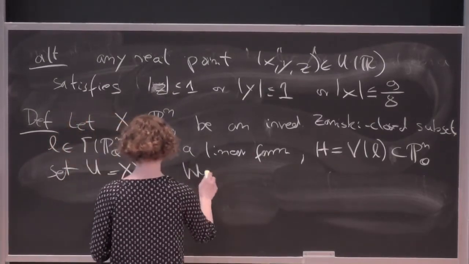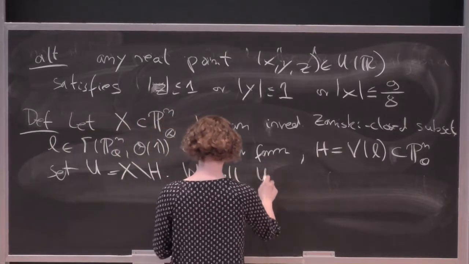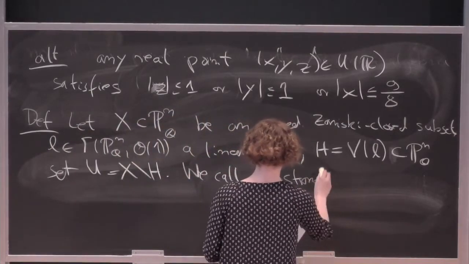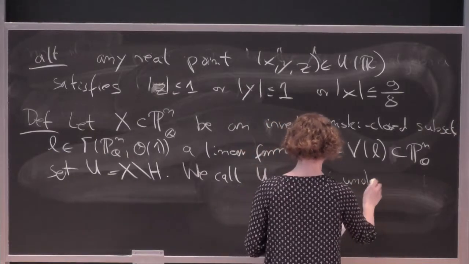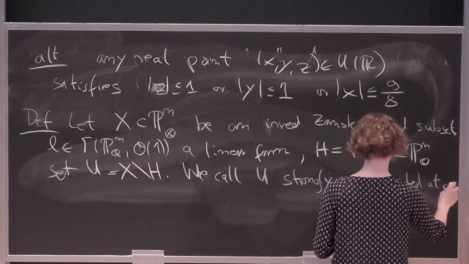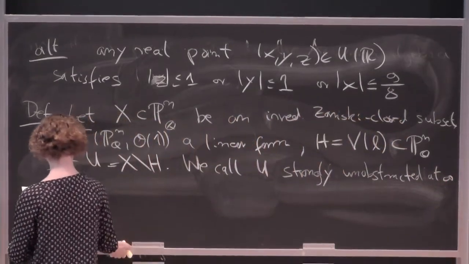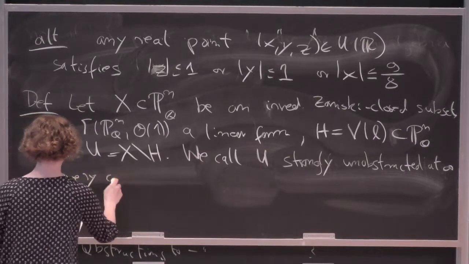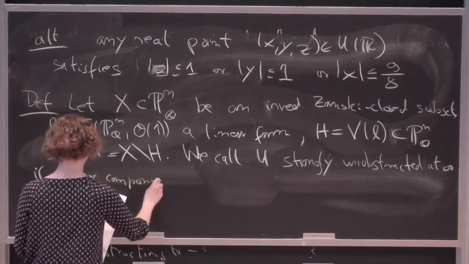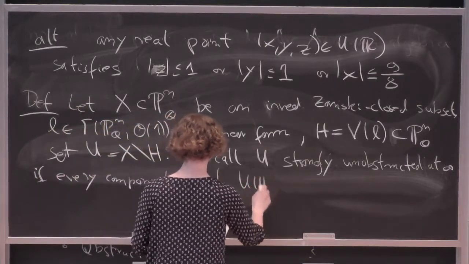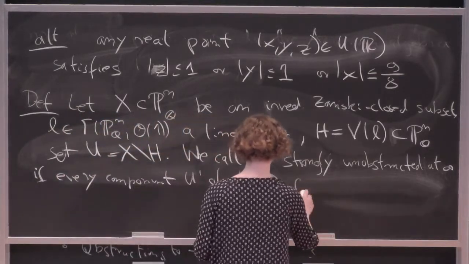And then we call U strongly unobstructed at infinity if every component U' of the set of real points fulfills the following condition.